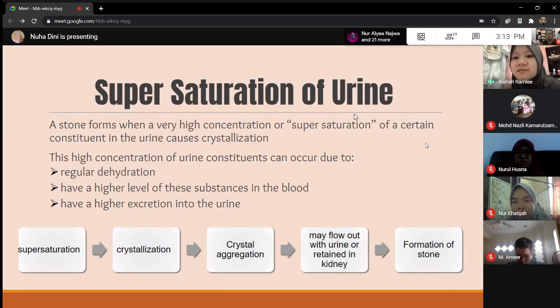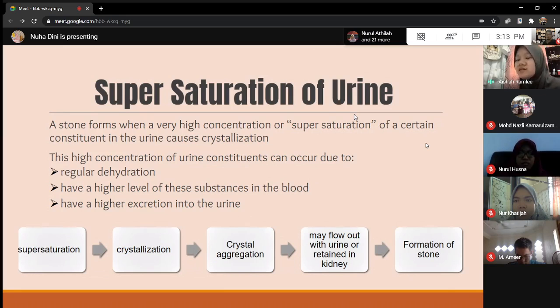This usually occurs in a patient with regular dehydration due to lack of fluid intake, or a patient who has a higher level of these substances in their blood.